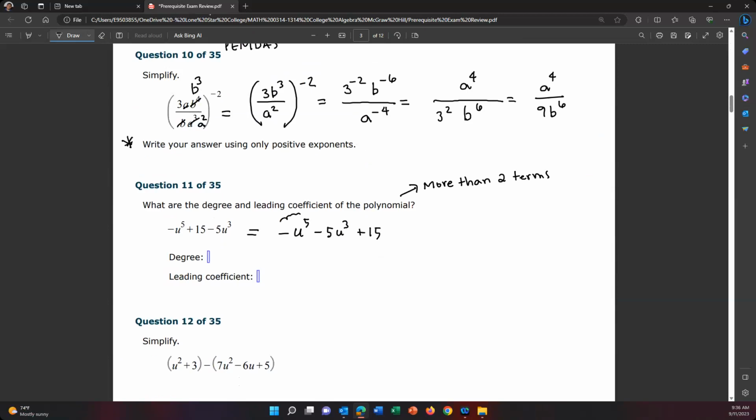The first term, the one with the highest power, is called the leading term, and in this case is this one here. The leading term has the leading coefficient, and it also has the degree of the polynomial.